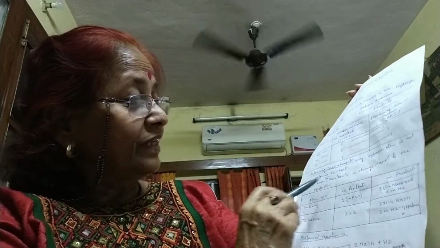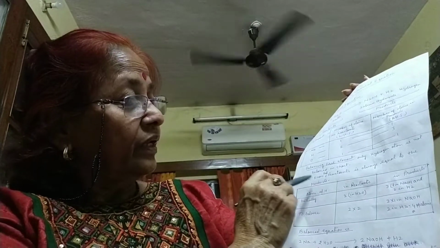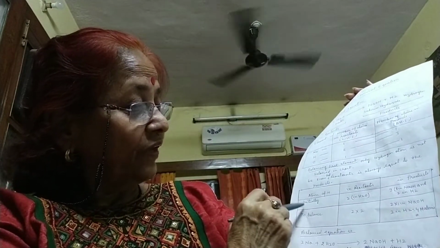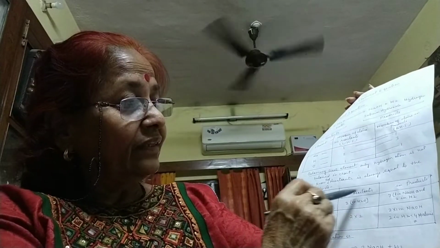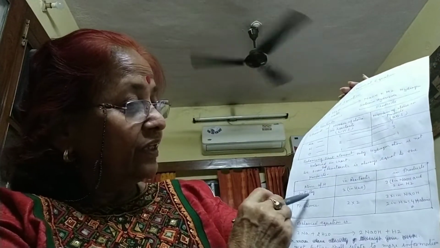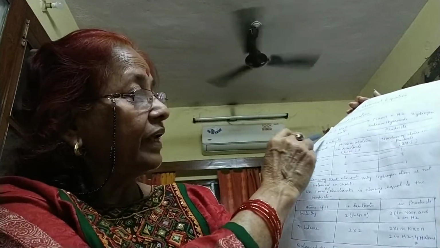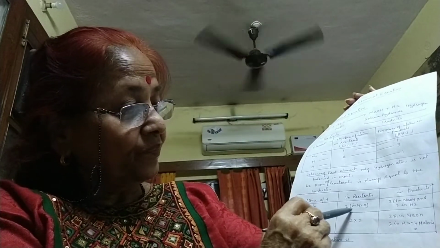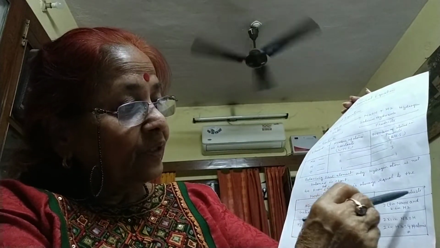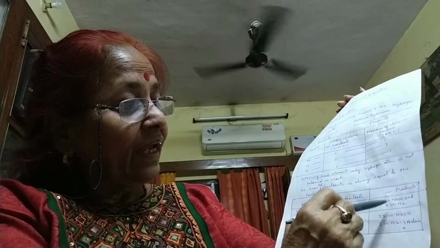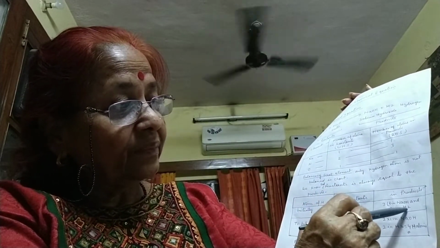Now here is the balance chart. Initially, the hydrogen atoms in the reactant: in H2O the hydrogen is 2, and in the product the hydrogen atoms are 3, in NaOH and H2.